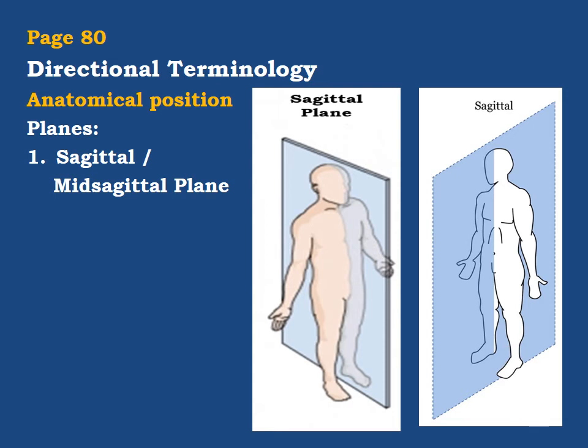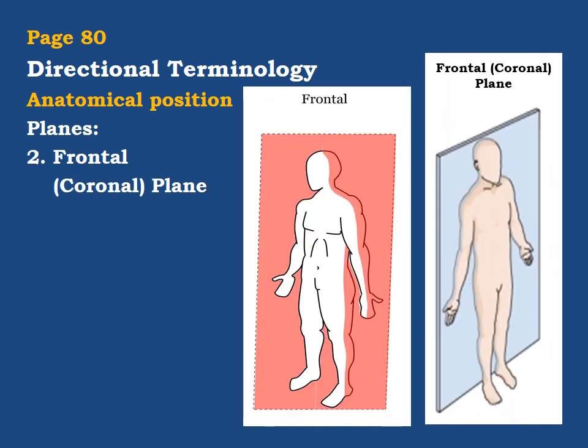Now here, this explains or gives a clear picture of what is meant by sagittal. You see here, this cuts the person into two halves, one left and one right. If it is in the middle, then it is mid-sagittal. All right. This one is frontal.